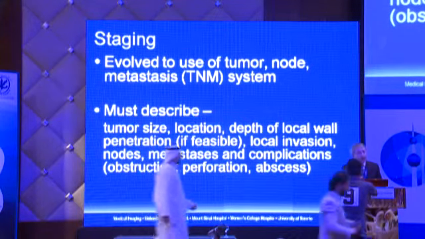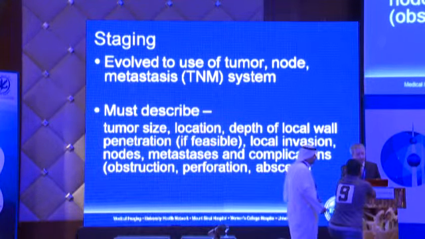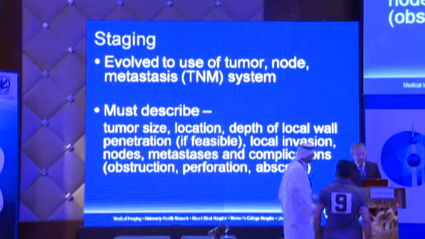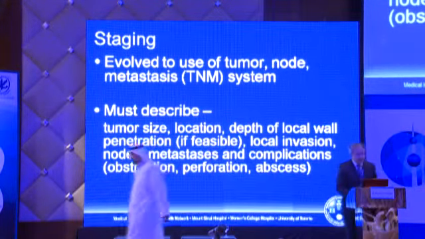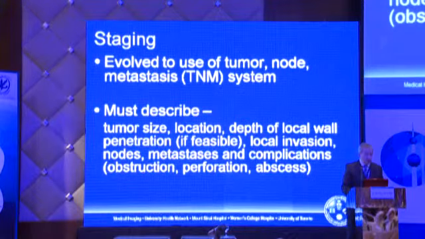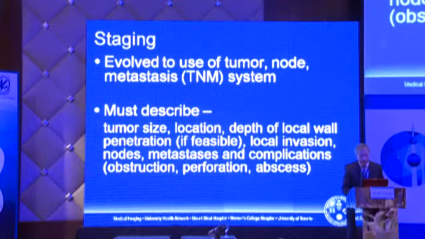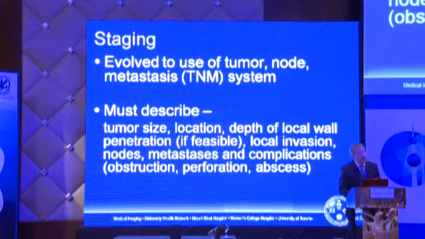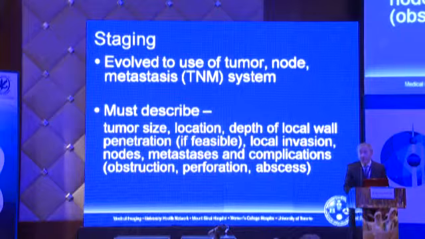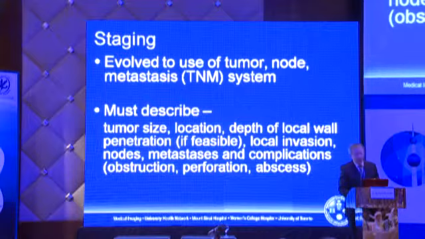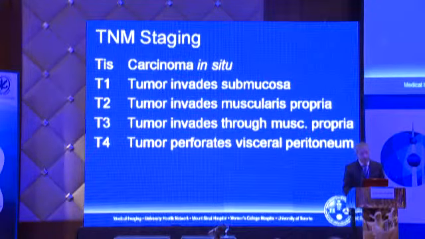When you're reviewing a CT scan or imaging related to colorectal cancer, you must describe, ideally, tumor size, location, depth of local wall penetration, which is particularly important when staging rectal cancer, local invasion, invasion of adjacent organs, lymph node metastases, distant metastases, and complications if applicable. Complications such as bowel obstruction, perforation, or abscess formation.